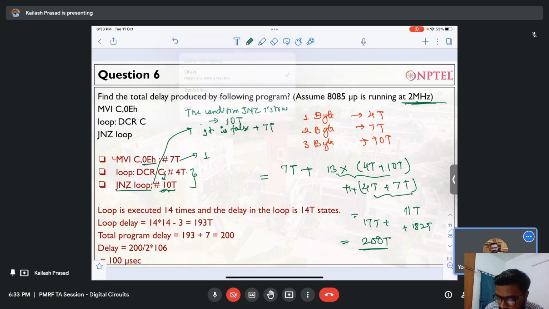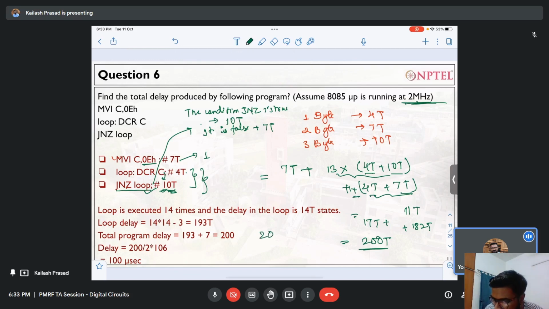The other statement will be executed 14 times. Out of 14, 13 times it will take 10t, and one time it will take 7t because the condition becomes false. That is why I multiplied 13 by 4t plus 10t, and 1 times 4t plus 7t. Overall it will be 200t.